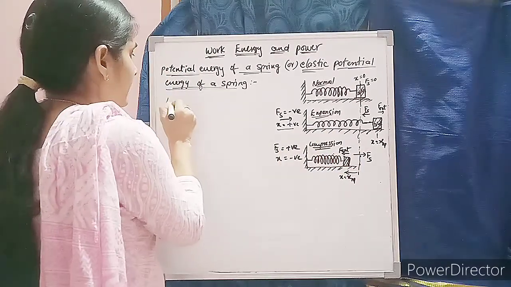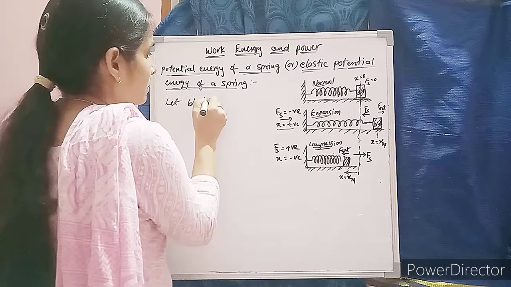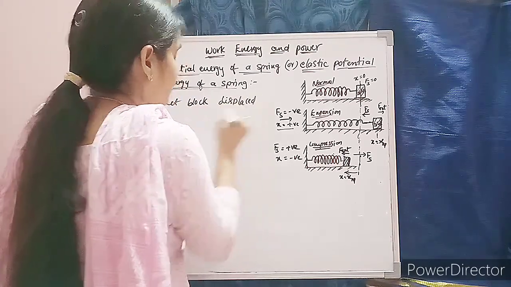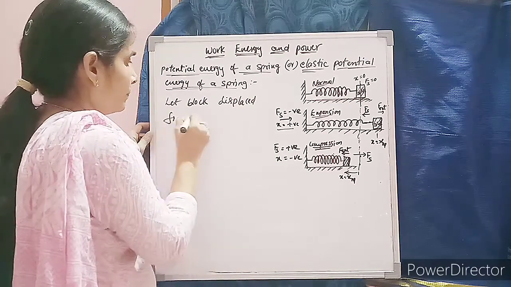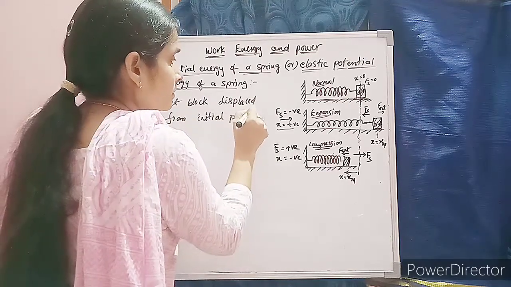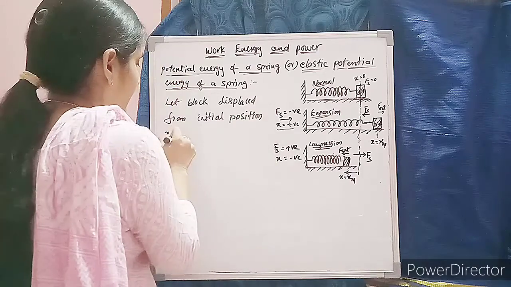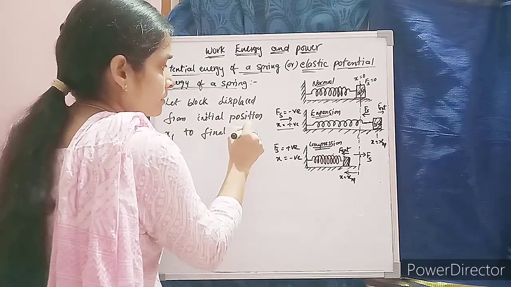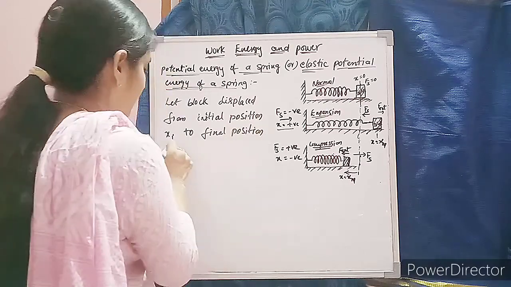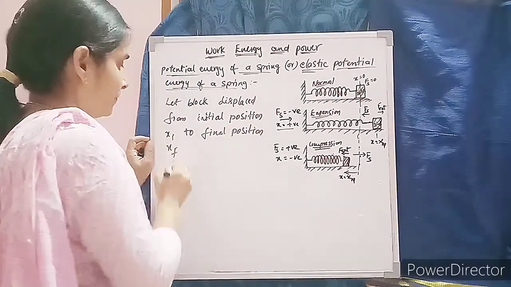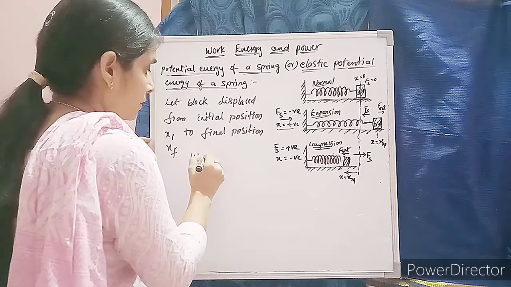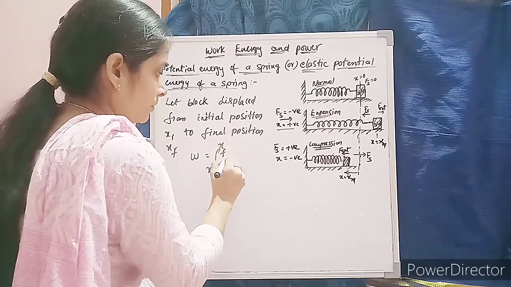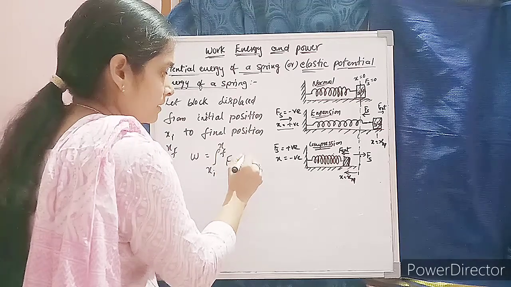Okay, so let the block be displaced from initial position xi to final position xf. Then work done is equal to the integration from xi to xf of f of x dx.